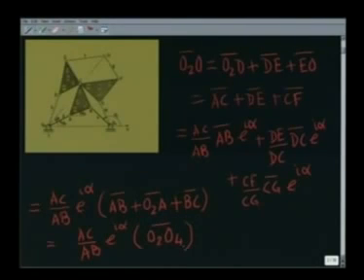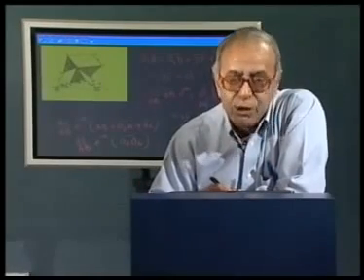So, this vector O2O is vector O2O4 into AC by AB into e to the power i alpha.